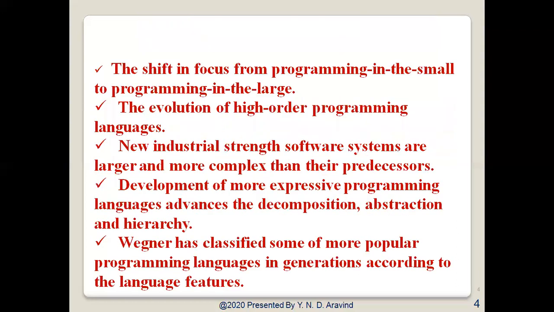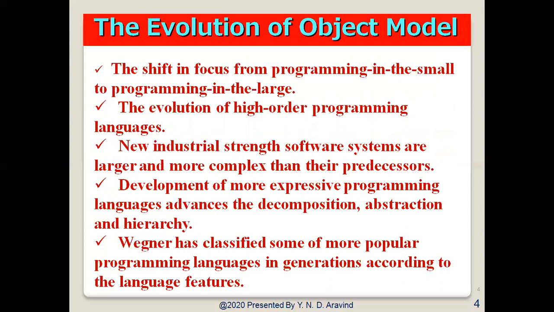Coming to the evolution of the object model, there is a shift in focus from programming in the small to programming in the large. During the period of software development and upgradation, we faced many challenges. One is the capability and capacity of the machines increased.